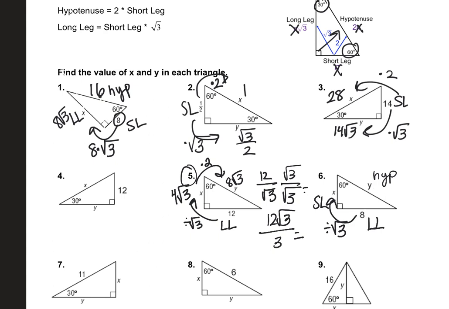If you're in the 30, 60, 90, the pattern's radical 3. If you're in the 45, 45, 90, it's a radical 2. So 8 divided by radical 3, I get 8 radical 3 over 3. This time that doesn't reduce. And then I double that to go to the hypotenuse. So that'd be 16 radical 3 over 3.